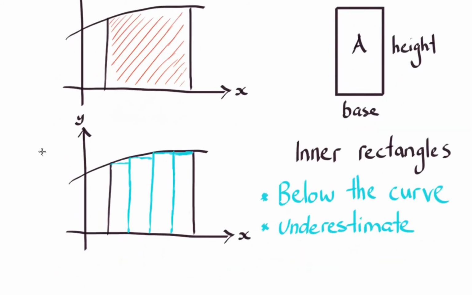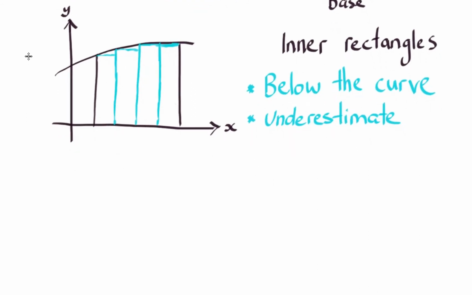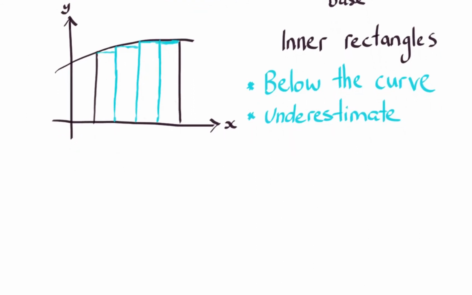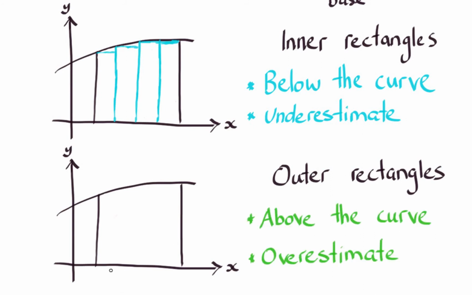Alternatively, we could do this using the outer rectangles. So let's have a look at what it would look like with outer rectangles. Our outer rectangles are going to be above the curve, and they're going to overestimate the area. This means that it's going to be the top right-hand corner of each rectangle that will touch the curve.